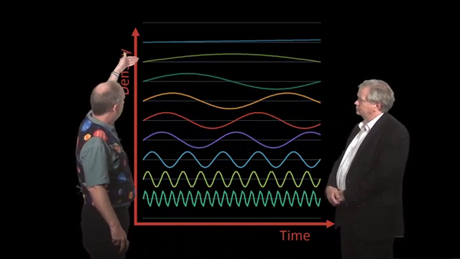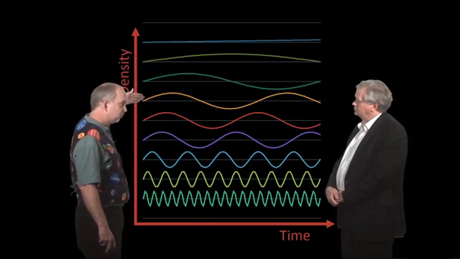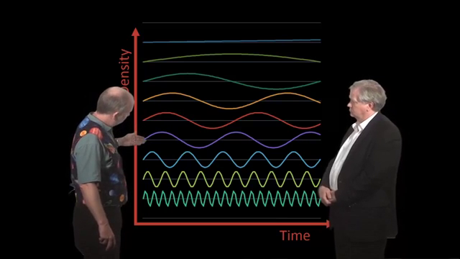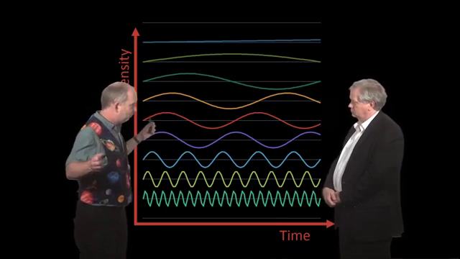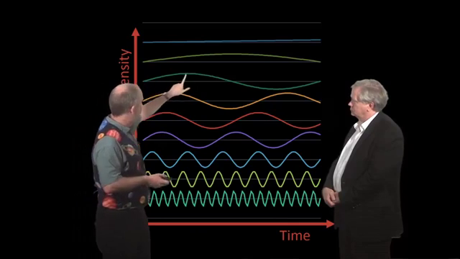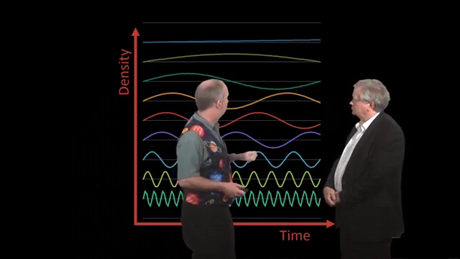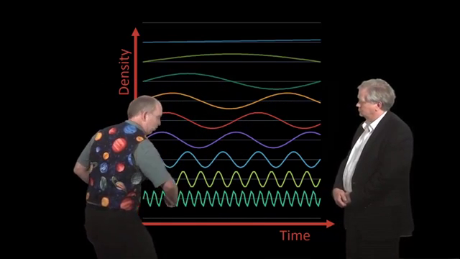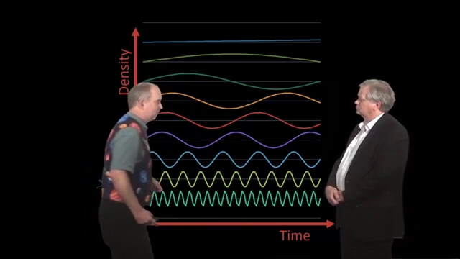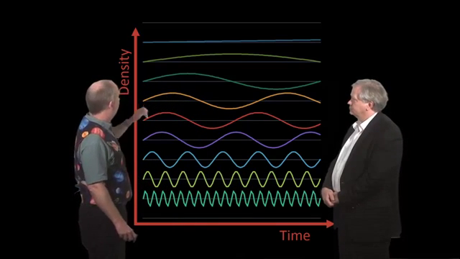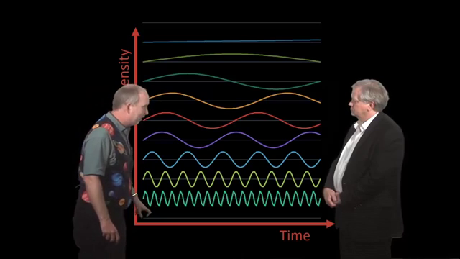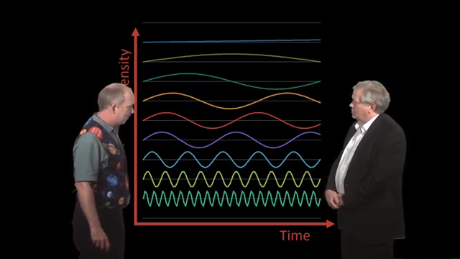Then as you go down this plot, these curves show smaller and smaller scale lumps. And as the lumps get smaller, the stuff can fall in and out. So here it's fallen in, the density's gone up, and it's fallen out, and it's fallen in. And for the really small lumps, it's got time to fall in and out lots and lots of times. So you've got to imagine it's a bit like an orchestra, and that's the double bass, and this is the piccolo, and they're all playing at the same time at their different frequencies.